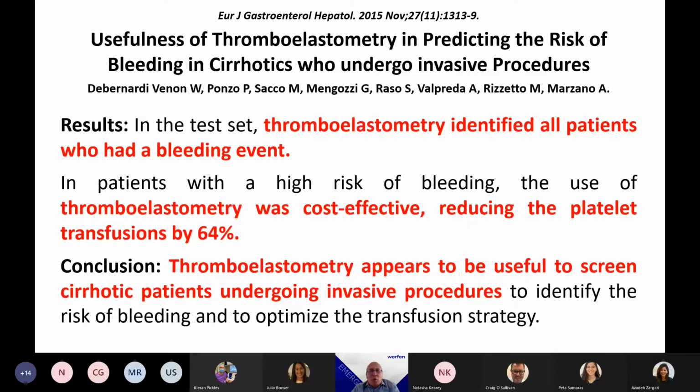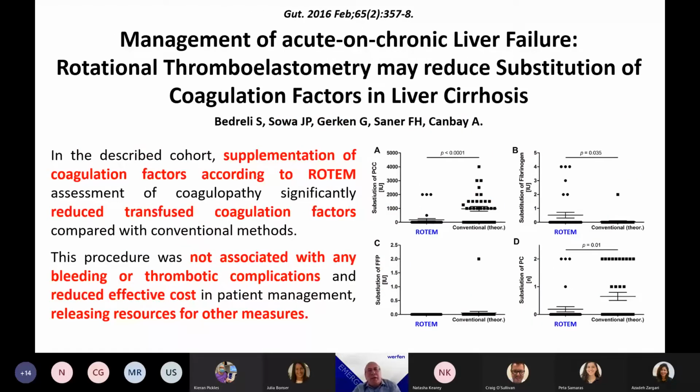But as I said, we're not only talking about liver transplants, we're also talking about patients with chronic liver disease undergoing invasive procedures. And this is a study from Italy, which showed again that if we use a ROTEM-guided approach, two thirds of all platelet transfusions could be avoided. And I think this is an important point. And this is a study from our hepatologists from the University Hospital of Essen.